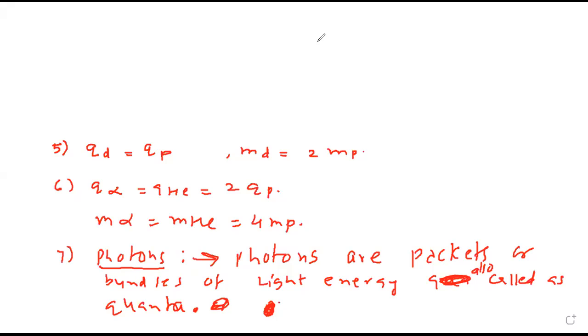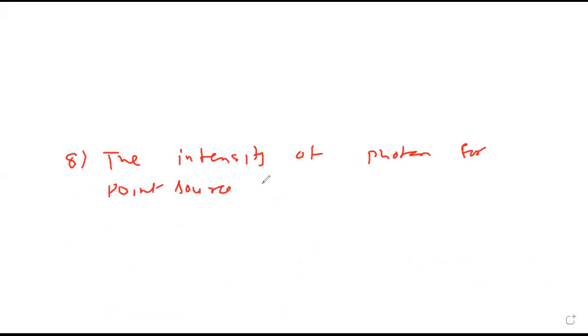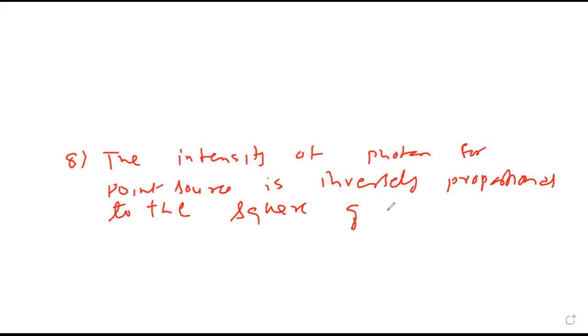Done, sir. The intensity of photon for point source is inversely proportional to the square of distance.